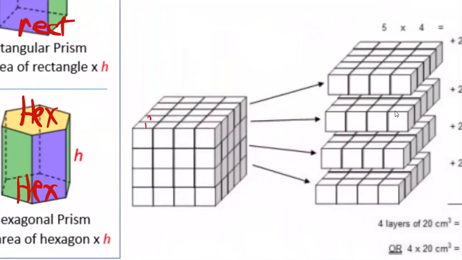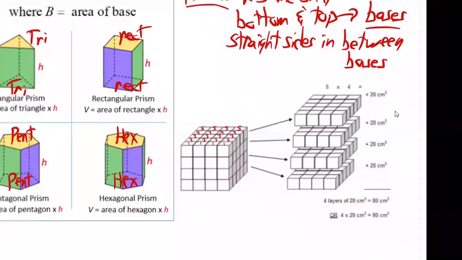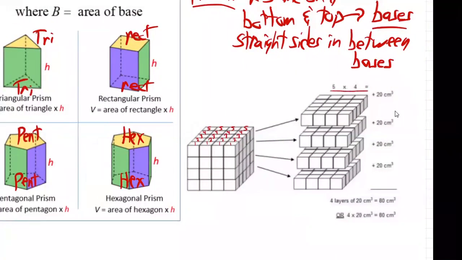Okay. 1, 2, 3, 4, 5, and again 1, 2, 3, 4, 5, for four rows in all. So there's how many on the top? 4 rows of 5. That's what they're doing right here. 5 times 4 is 20. 20 on the top layer, right?